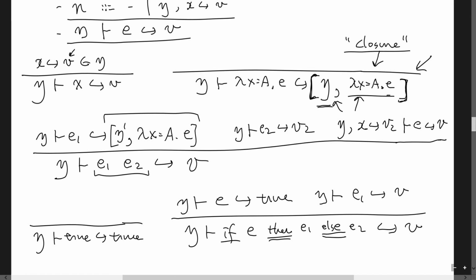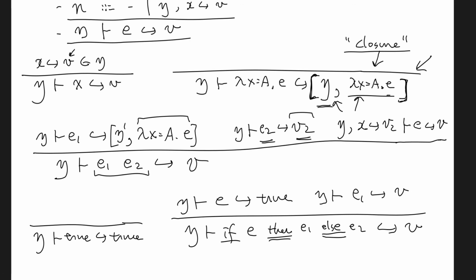Suppose the expression E2 produces the value V2. Now it's time to make a function call. So we have this function, lambda abstraction lambda x dot e, and we have its argument. In the previous formulation of operational semantics, we would perform substitution at this stage.